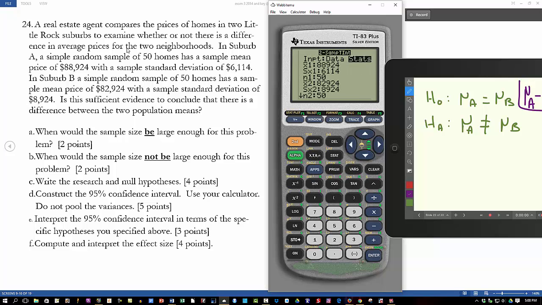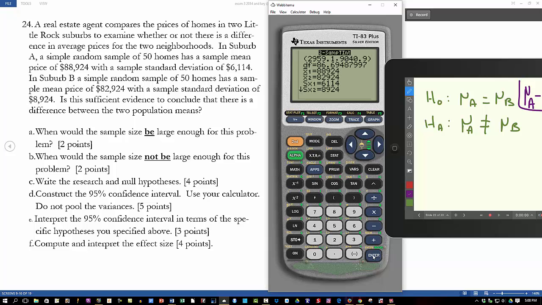And so now I've just put in the mean, standard deviation, and sample size for the first group, and then the mean, standard deviation, and sample size for the second group. Confidence level 95. And it says here, do not pool the variances, so we select no on that and hit calculate.